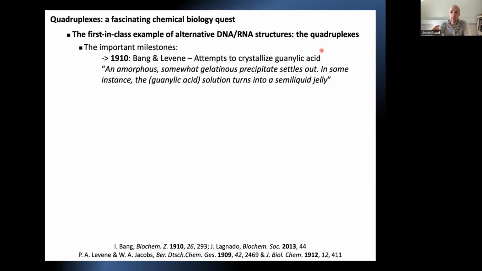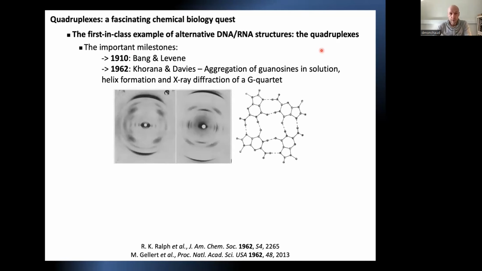And this hydrogel was absolutely reluctant to crystallization, so they were not able to obtain the precise structure of this guanylic acid, but this was considered the first insight into the way guanine can self-interact to form something like hydrogels. The solid structure was finally solved in 1962 by Davies.